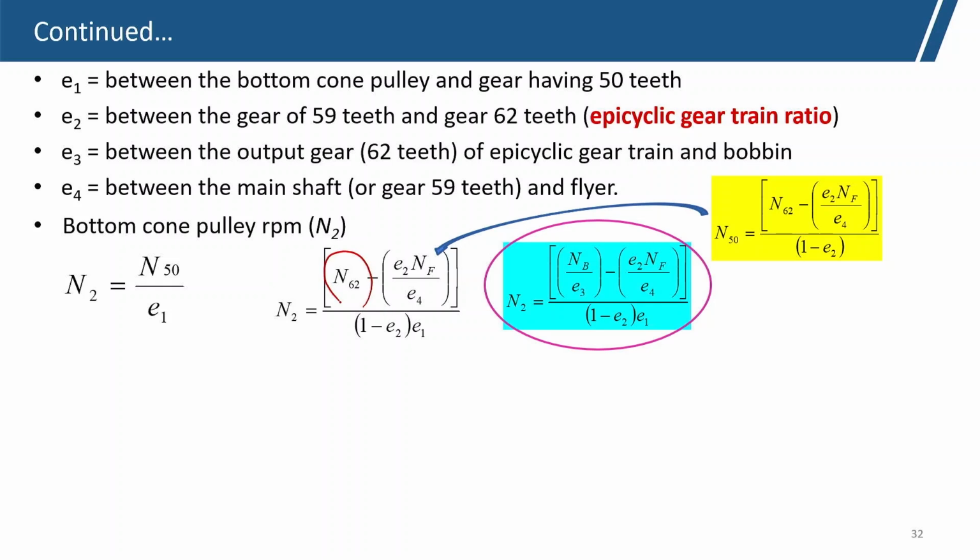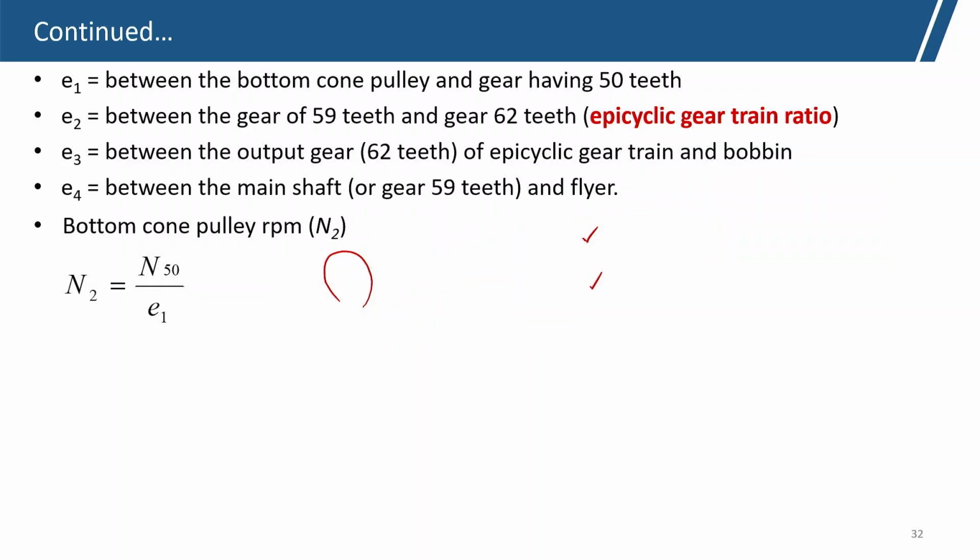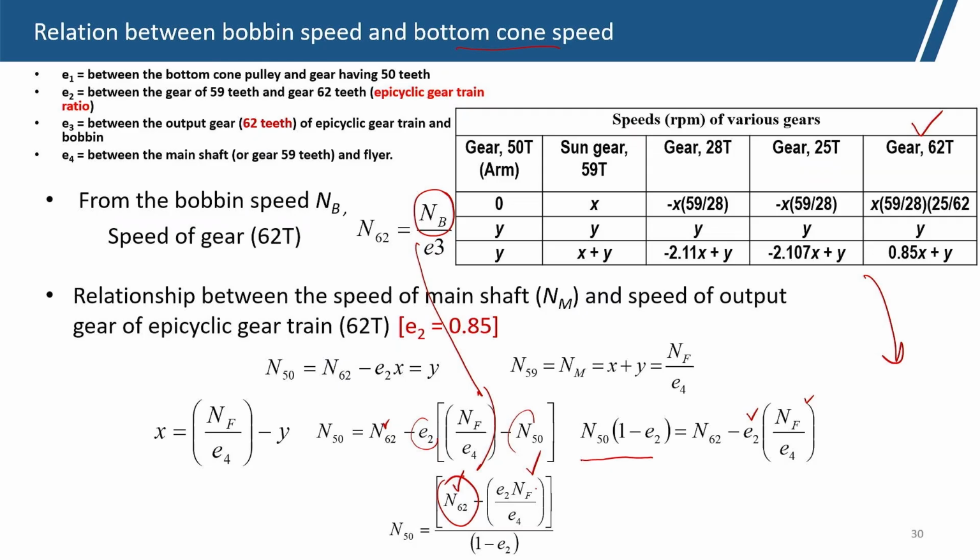N62. What is N62? N62 is the output of the epicyclic gear, and from there the bobbin speed ratio was NB by E3. So, N62 we have seen earlier, I will just go back, NB by E3, N62.